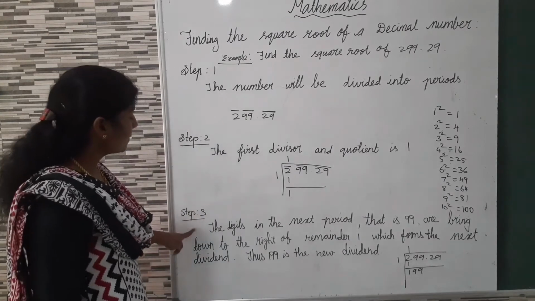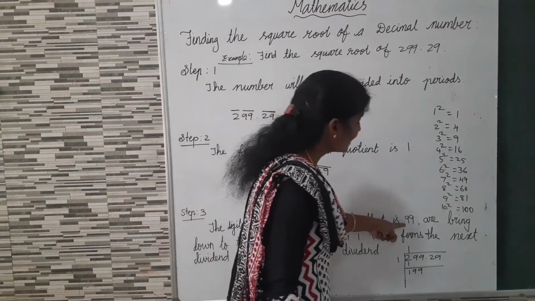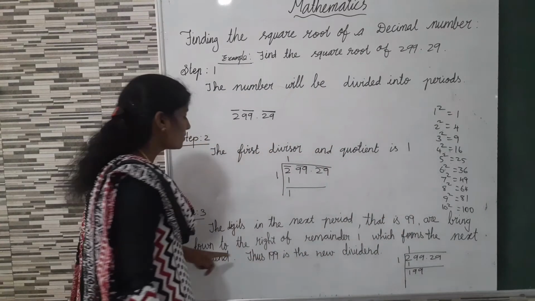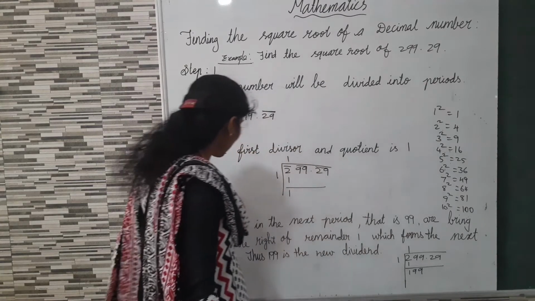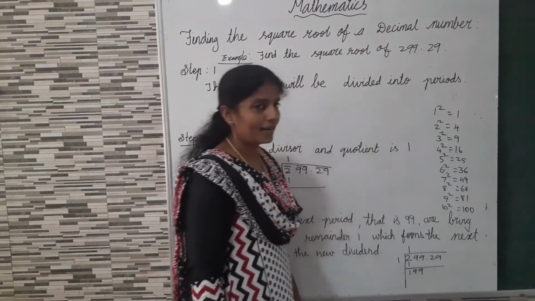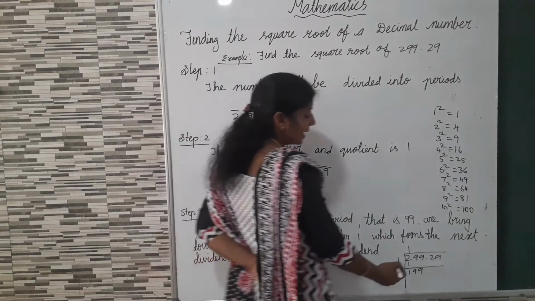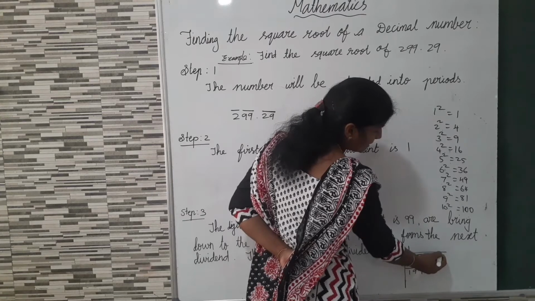Now third step: the digits in the next period, that is 99, are brought down to the right of remainder 1, which forms the next dividend. Thus 199 is the new dividend. Here this is the first period, then the second period, this is the third period.